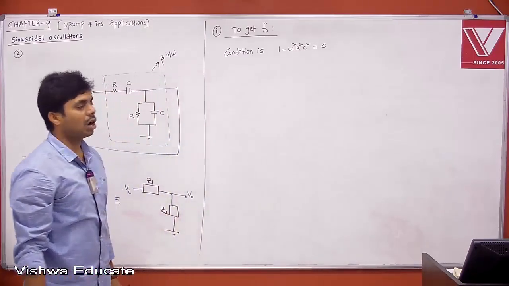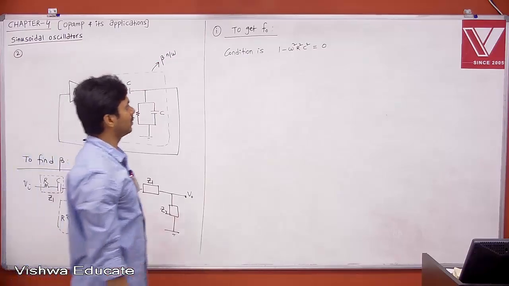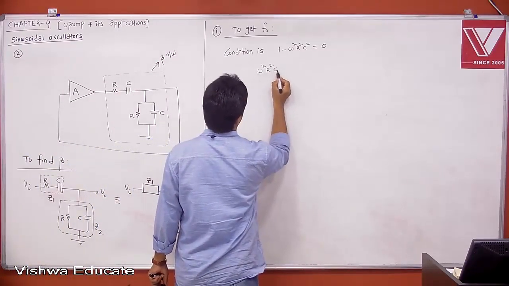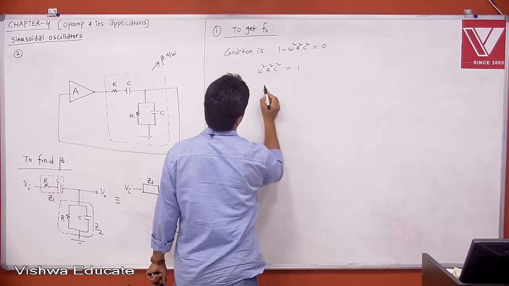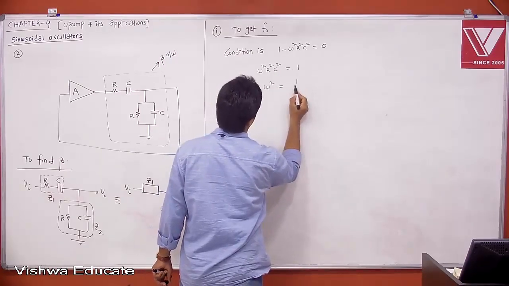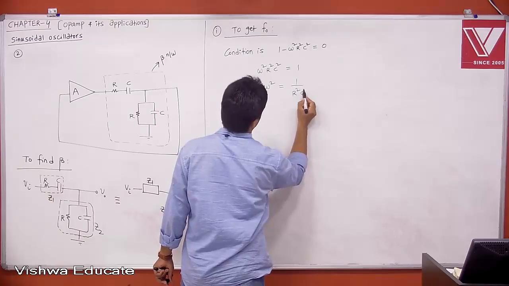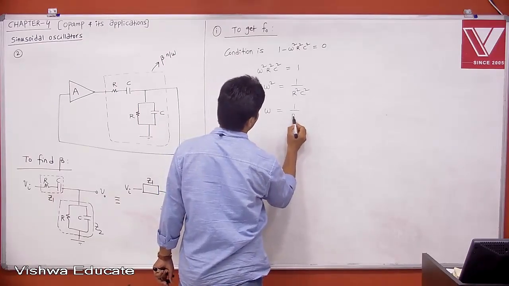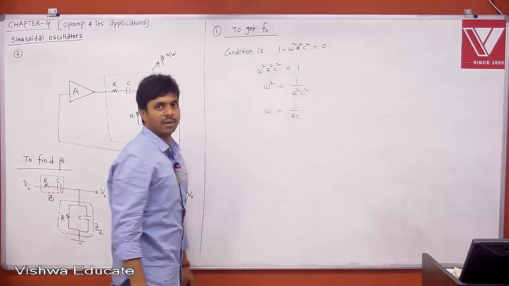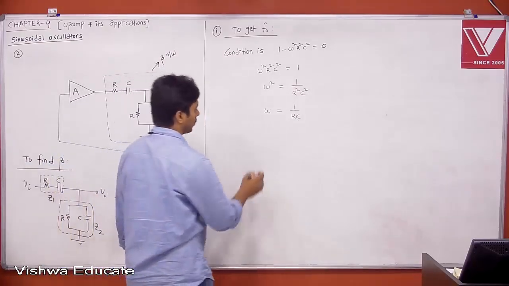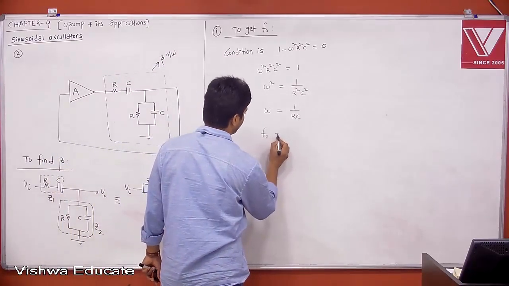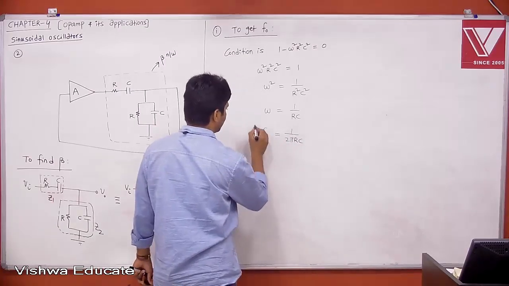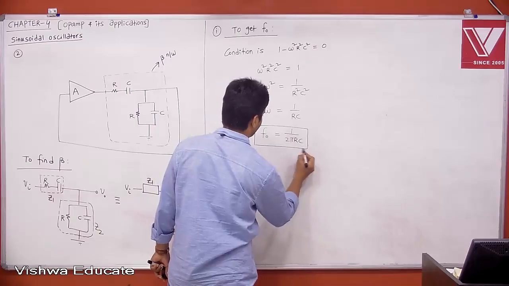At this condition, we got beta network 0 degrees phase shift. Therefore, omega square r square c square is equal to 1, then omega square is equal to 1 by r square c square, then omega is equal to 1 by rc. Plus or minus 1 by rc we will get. Definitely frequency is positive, not negative. Therefore, F naught, the resonant frequency, will be equal to 1 by 2 pi r into c. This is your resonant frequency.